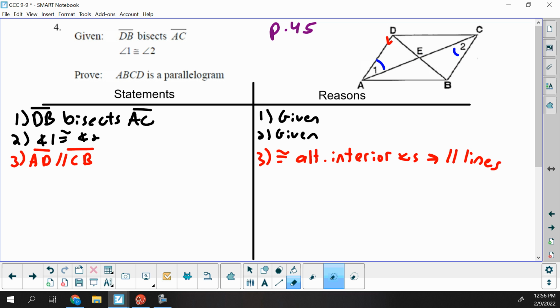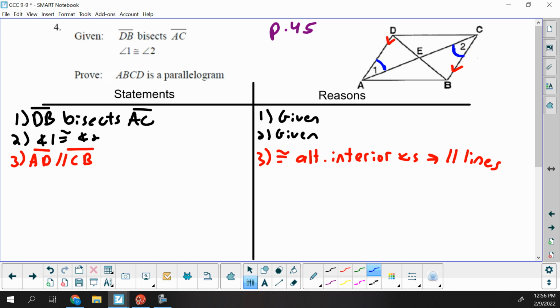And parallel, we mark up with our little arrowhead. And just note, that doesn't mean we have them congruent. That just means we have them parallel, the arrowhead. But that's great. We've already got a set of opposite sides parallel. So that pretty much rules out getting both pairs of opposite sides congruent. We want to either get this same set of sides congruent or get the other set of opposite sides parallel.